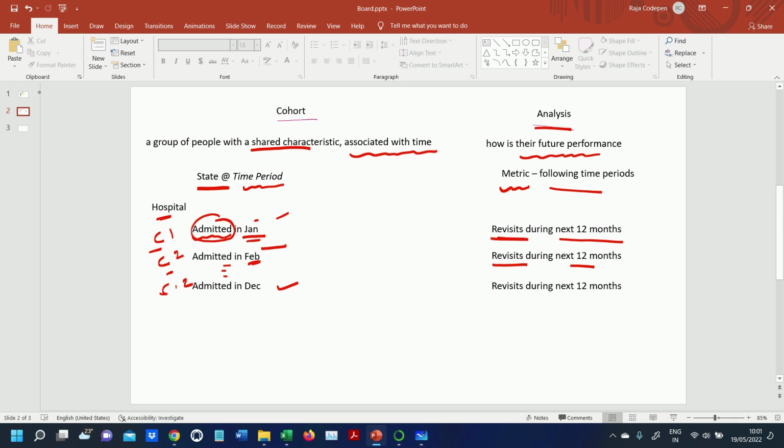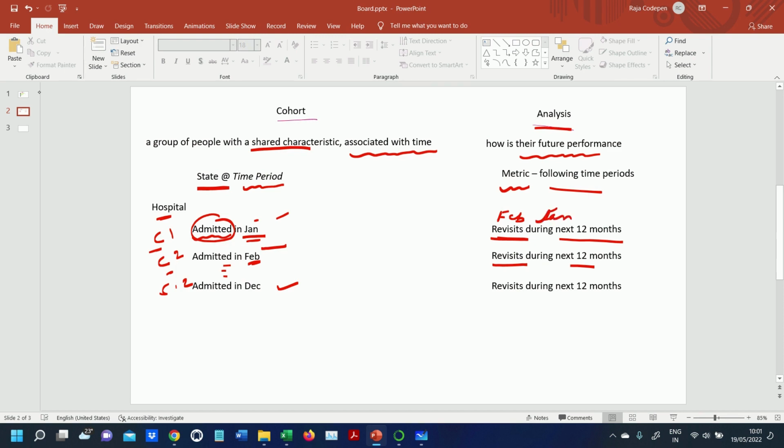For this group of people, you are going to study how they are revisiting the hospital, either for consulting or for readmission or for various other reasons, whether they are coming back to the hospital in the next 12 months. For this cohort, the next 12 months is from February to the next January.